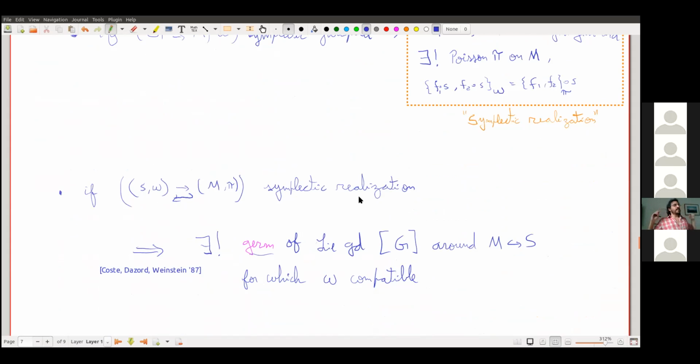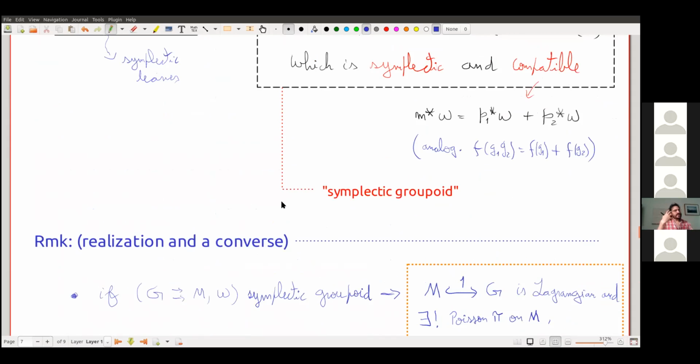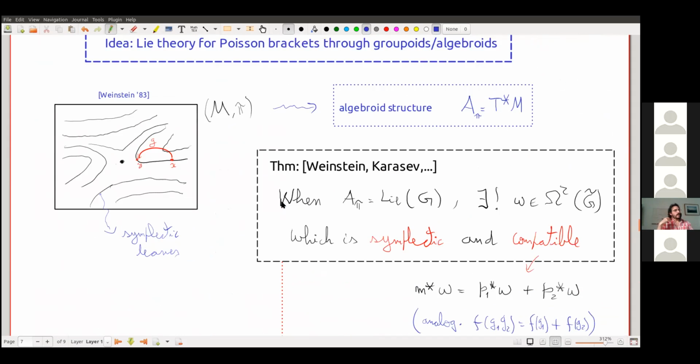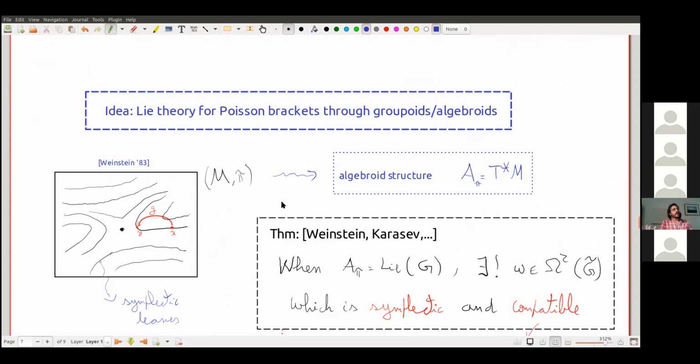So, okay, let me summarize. I'm going a bit fast, but let me summarize that there is this Lie theory for groupoids and algebroids that generalizes the story for Lie algebras and Lie groups. It contains lots of different geometric information.